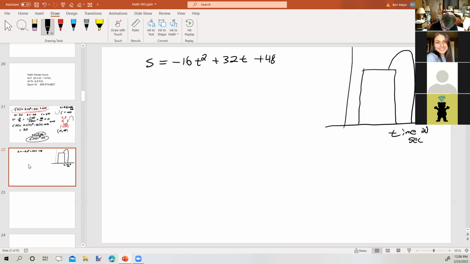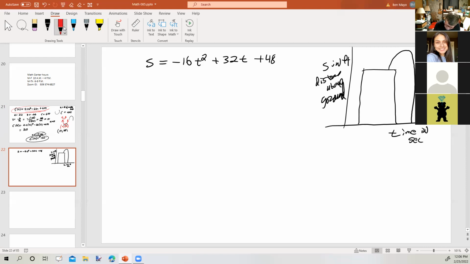And then this axis would be S, which is distance above ground. So a ball is thrown straight upward from the top of the building with an initial velocity of 32 feet per second. The equation S equals -16t squared plus 32t plus 48 gives the height S of the ball in feet t seconds after it is thrown. So S is in feet.